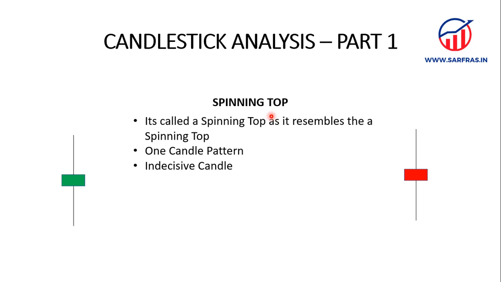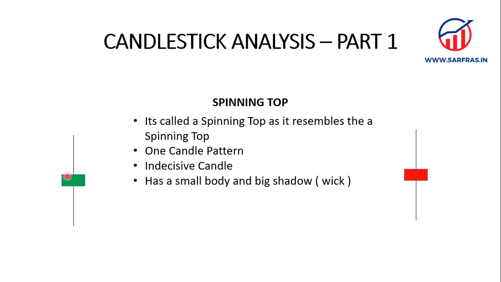So you could probably ignore it, or you could consider it as a weakness. Supposing it's an uptrend and a spinning top comes, you could consider it as a weakness, and you could just be alert. There could possibly be a price change, or it may just continue the trend. Now, how to identify it?